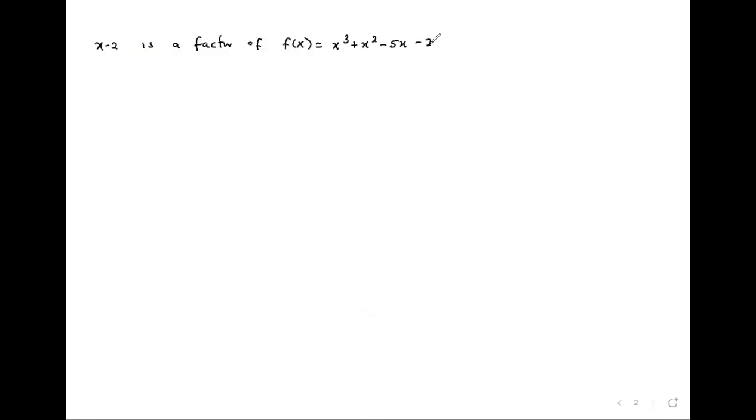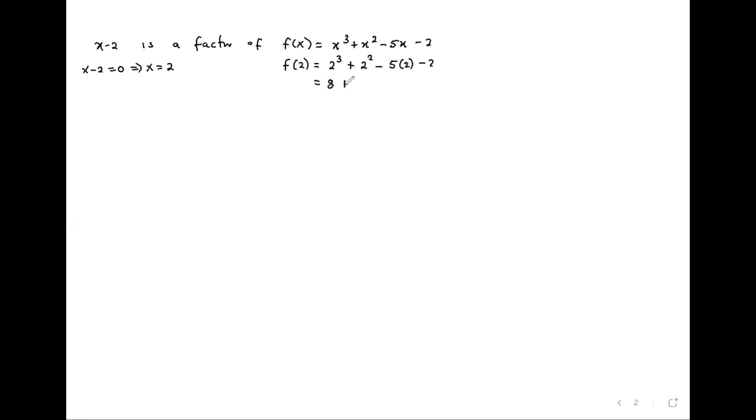For us to check that x minus 2 is a factor, you equate it to 0, obtain the value of x as 2, then pick the 2. If what you get here is 0, then you say that x minus 2 is a factor. So we substitute 2 cubed plus 2 squared minus 5 times 2 minus 2.